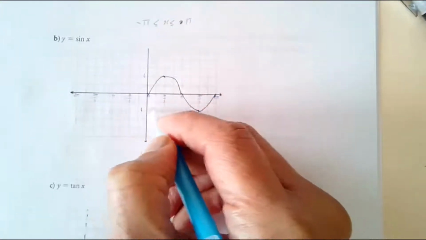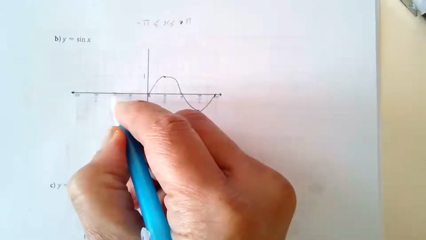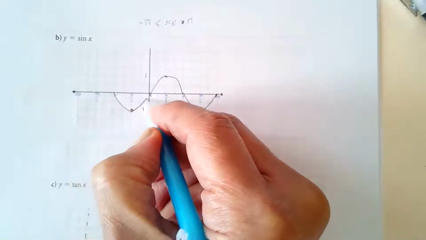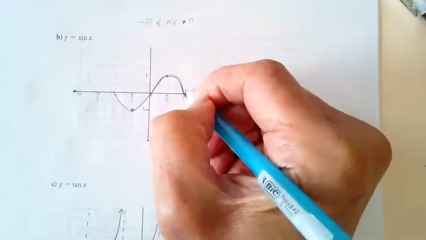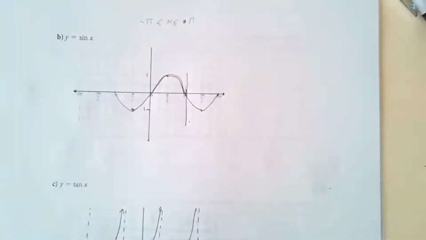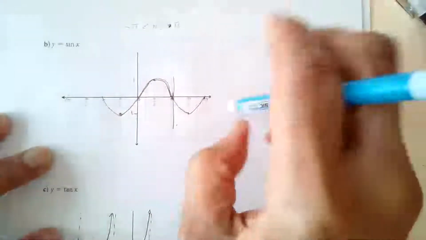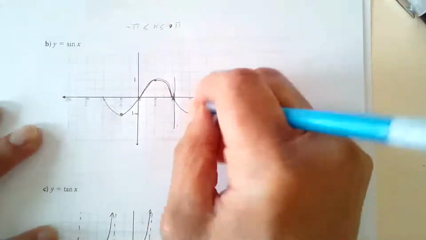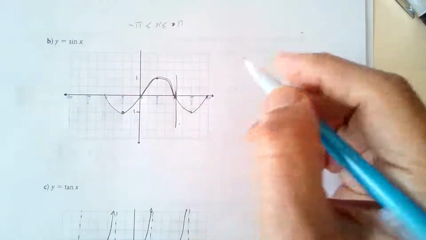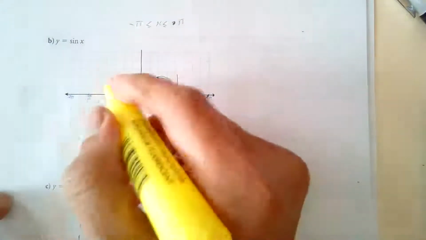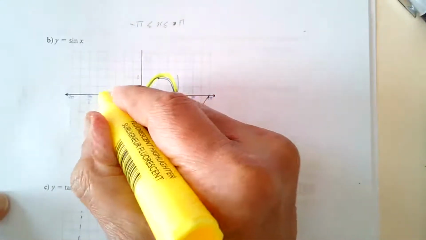So that's my graph now. It ends at this point here. I should have done this in pencil and erased it, but I did it in pen. So this graph doesn't exist there. I'll use a marker to indicate. There you go. That's your graph.